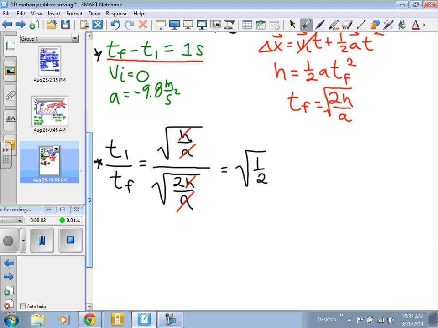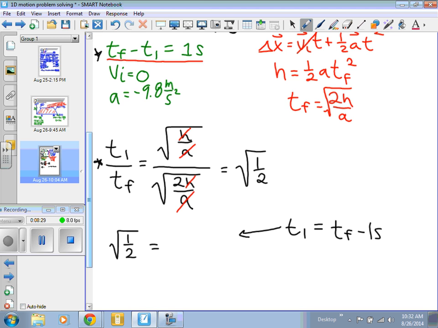So let's say that the square root of 1/2 is equal to t1 over tf, and I'm going to solve this equation for t1, that top equation. So t1 is equal to tf minus 1 second. And then I'm going to plug that into this equation over here.